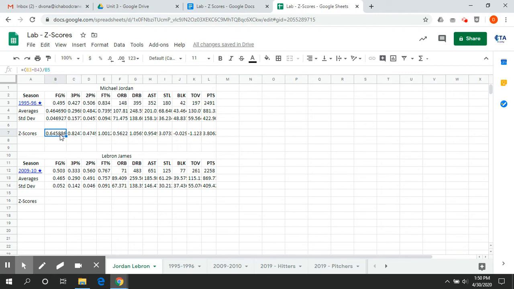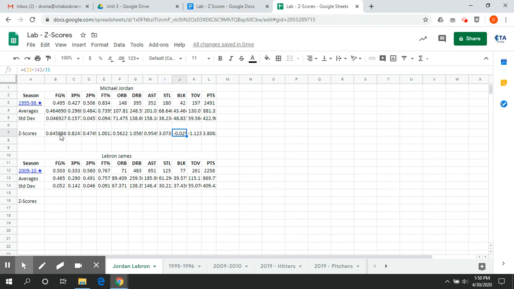All right, and we can see a clearer picture of Michael Jordan. His field goal percentage was above the average, about half a standard deviation. He was almost a full standard deviation better than his peers in 3-point percentage, about half a standard deviation better in 2-point percentage, one standard deviation in free throw percentage, half a standard deviation in offensive rebounds, a full standard deviation in defensive rebounds, a full standard deviation in assists, 3 standard deviations above in steals.